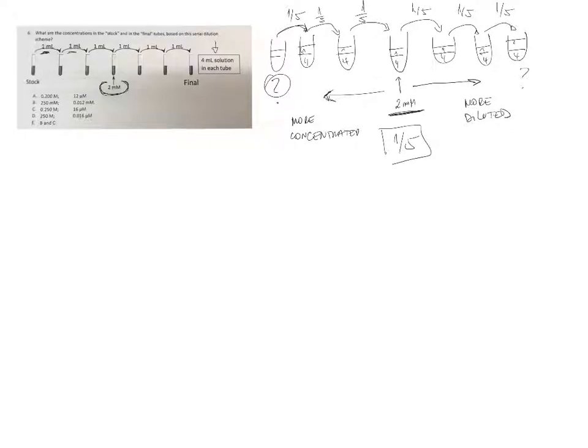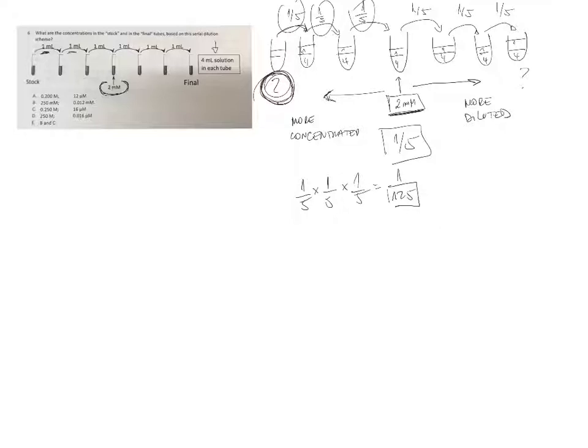So from here it is pretty straightforward to know the concentration of the stock solution. We have to see how many times you diluted before the 2 millimolar. So you diluted 1, 2, and 3, and if you multiply this, it is equal to 1 over 125. But you know that for this you're not diluting in this way, you're concentrating, so you have to multiply by the inverse of the dilution factor.